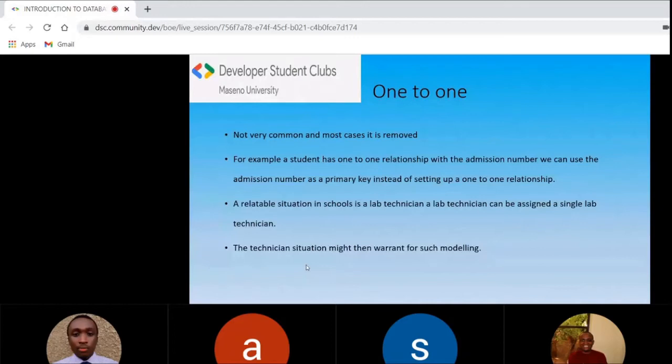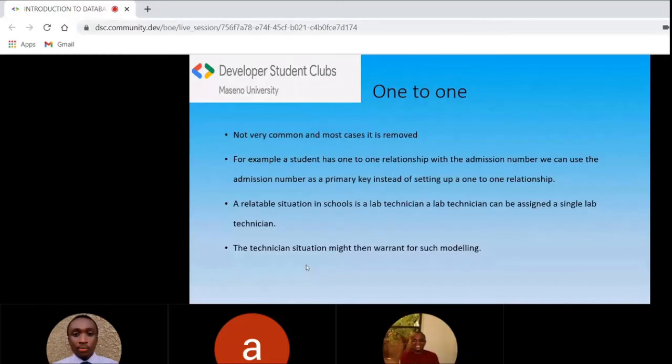So instead of having a table for admission numbers and a table for students, and then a relationship using a foreign key to connect these two tables, we can just use the admission number as the primary key. So do you see now, when you have a one-to-one relationship, if there is no other information about the admission number other than the admission number itself.